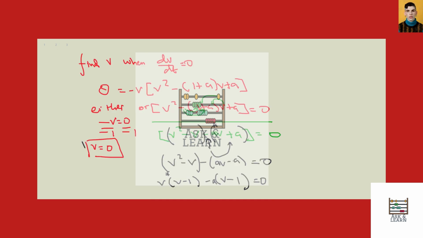Okay, so we have 3 solutions. In the previous page, you can see that the first solution was when v equals 0. The second solution is when v equals a, and then the third solution is when v equals 1. And that completes the process for solving part A.